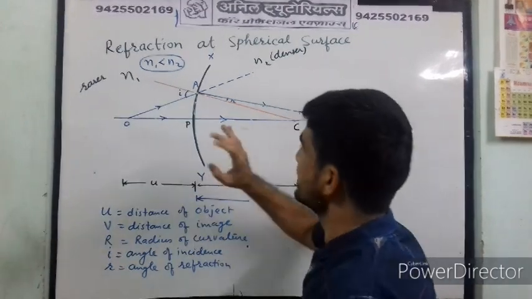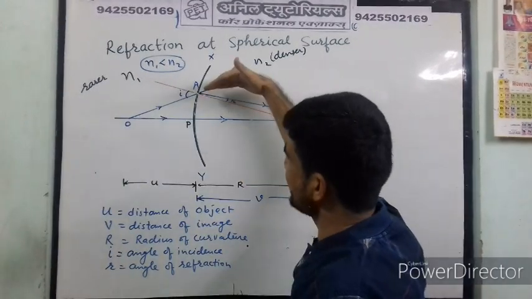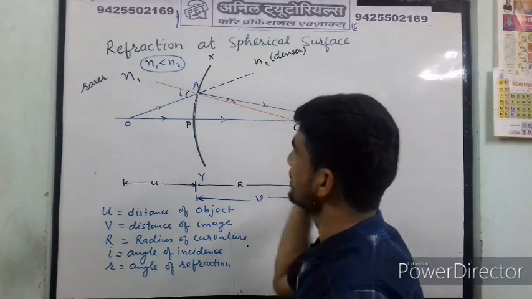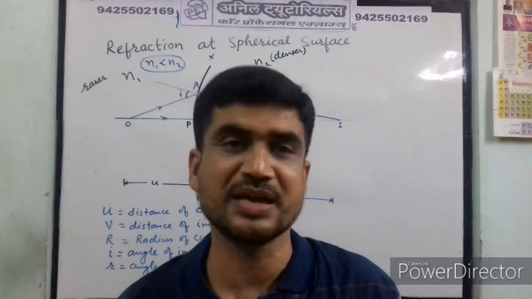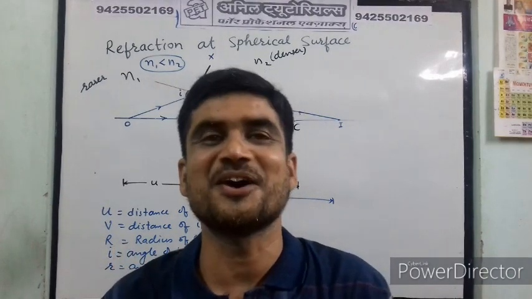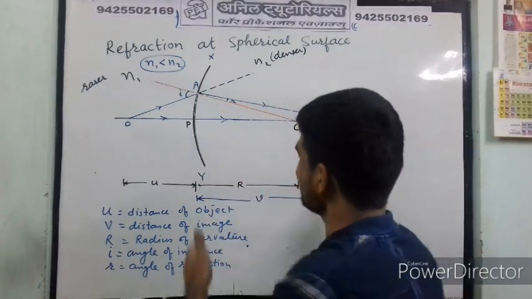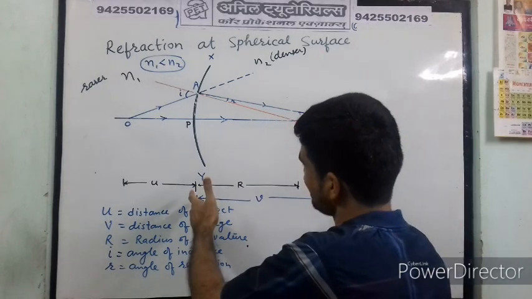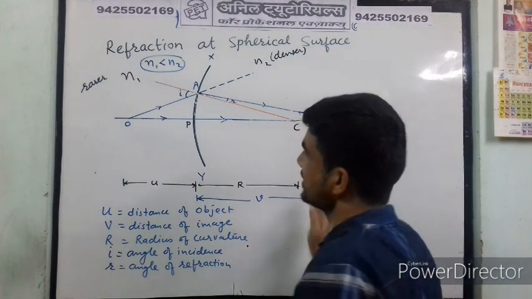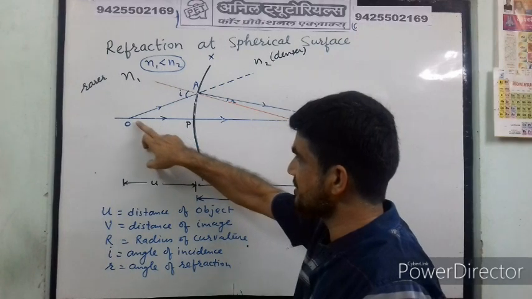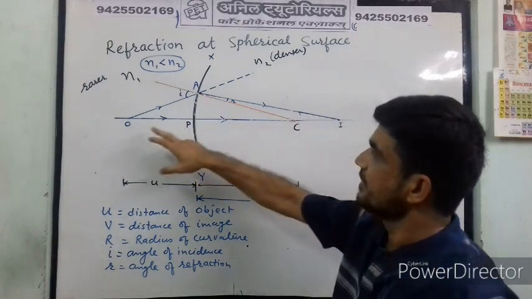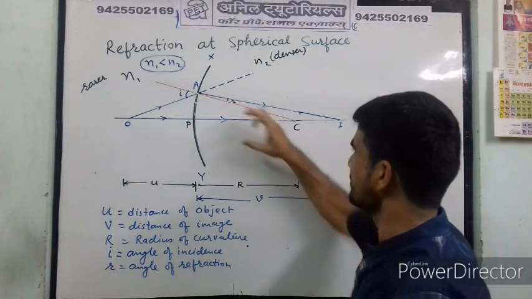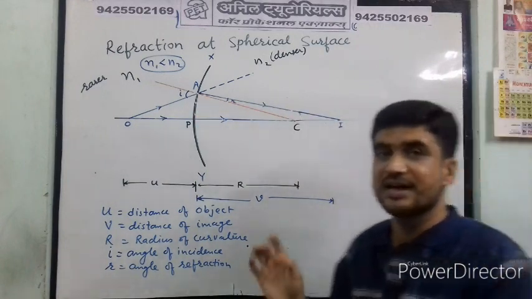It is very difficult to deflect through this much large angle here, but in the NCERT book it is given like that, so I am taking this one. Now this is the image formed: these two rays, the OP ray after refraction PI and the OA ray after refraction AI, are both meeting at point I.